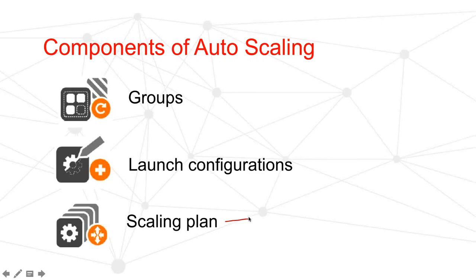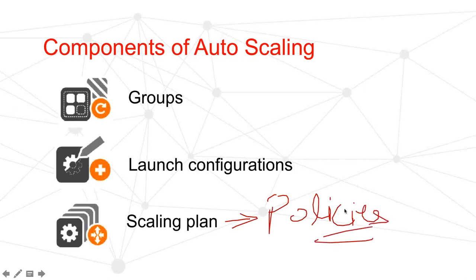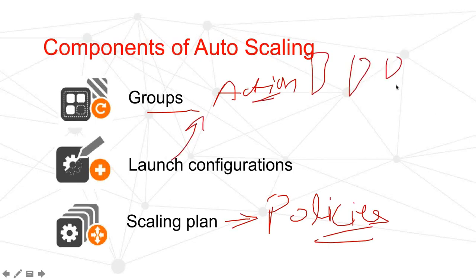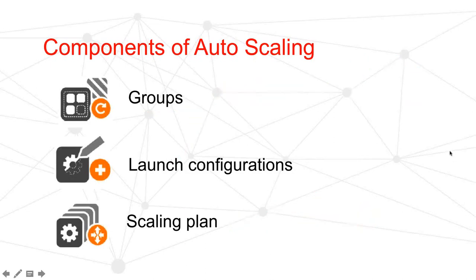So scaling plan is a kind of policy where we define when the auto scaling group should come into action, and based upon the launch configuration, it will launch more instances in my architecture. We'll discuss that. So these are the three important components of auto scaling.